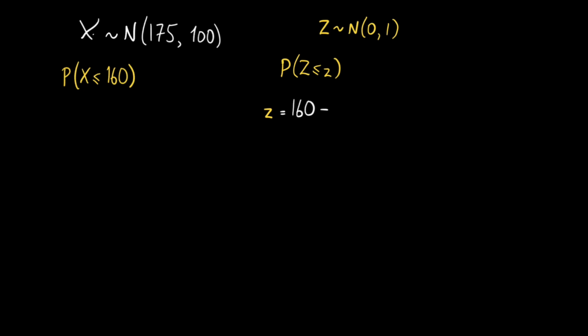The expected value is 175, that's the population average, and we divide through by the standard deviation of x, or the square root of the variance of x, which is the same as the square root of 100, and this gives a z equal to minus 1.5. So we can say that the probability that x is less than or equal to 160 is the same as the probability that a standard normal is less than or equal to minus 1.5.